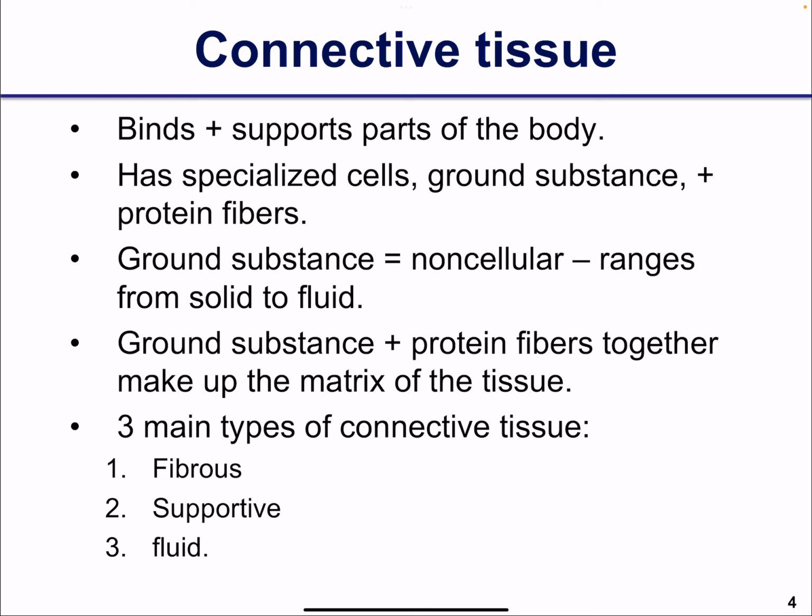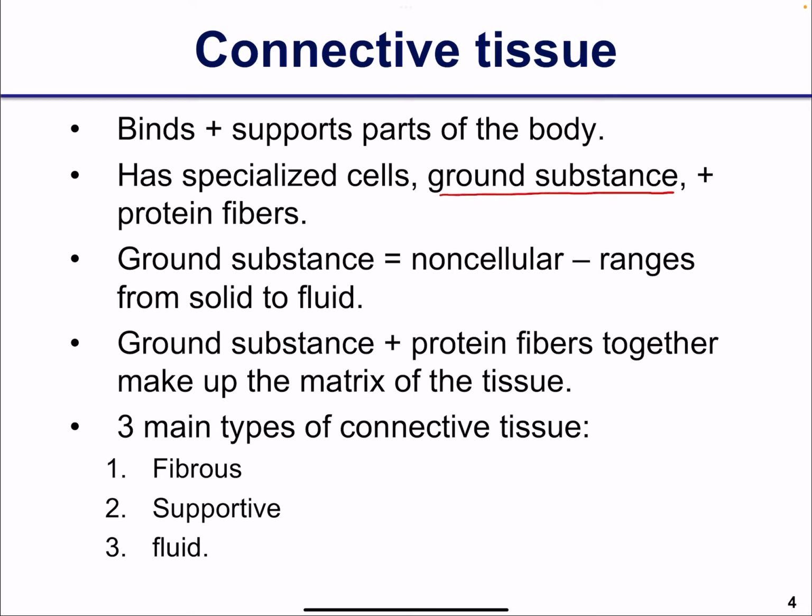Now, connective tissues are going to all have some specialized cells. And at all times, we are going to ask, what is that specialized cell? In addition to specialized cells, connective tissues are going to have a ground substance.